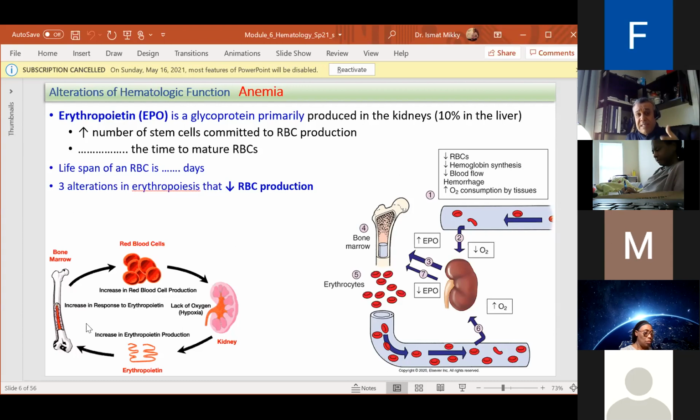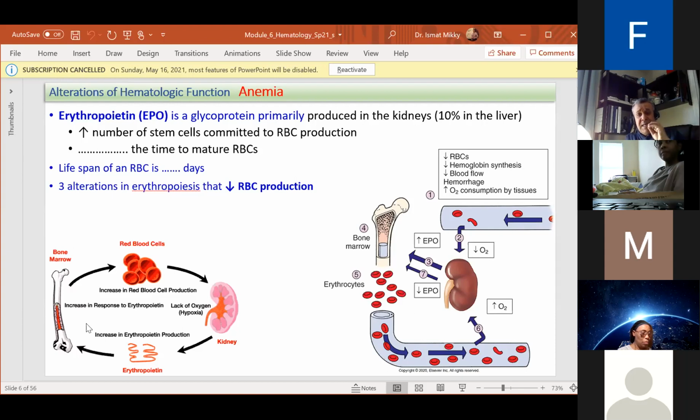Any clue? This is a patho class, this is where you start to understand the alterations of pathophysiological processes and disease process. I think it has to do with the kidney not making enough EPO. Right. Yes. The slide says EPO, erythropoietin hormone.